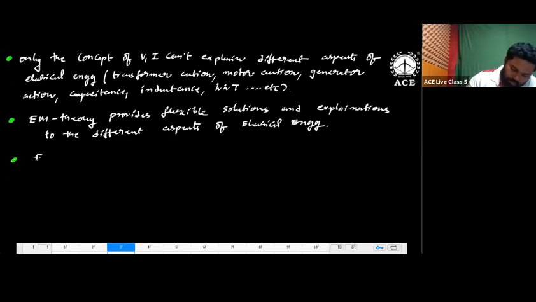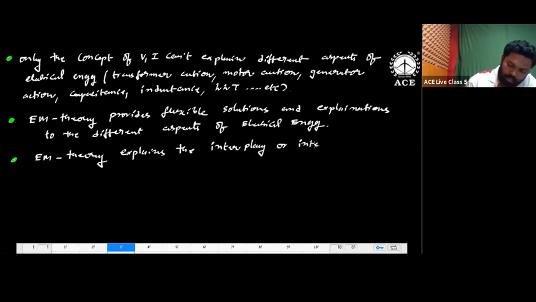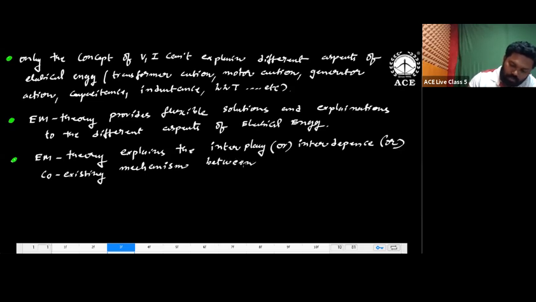EM theory explains the interplay or interdependence or coexisting mechanism between both electric and magnetic fields.